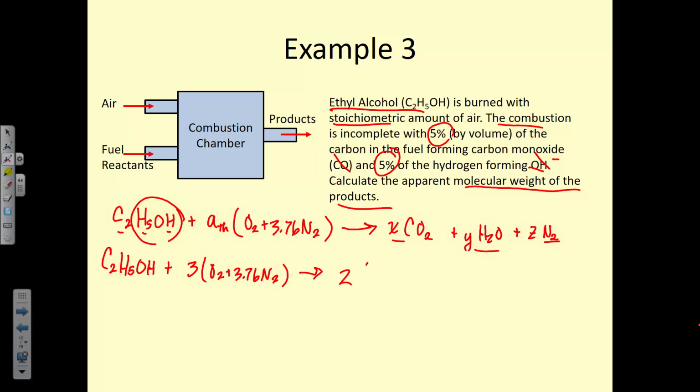goes to 2 times 0.95 CO2 plus 0.05 carbon monoxide. So we're now breaking this component into a 5% by volume mixture of carbon dioxide and carbon monoxide.